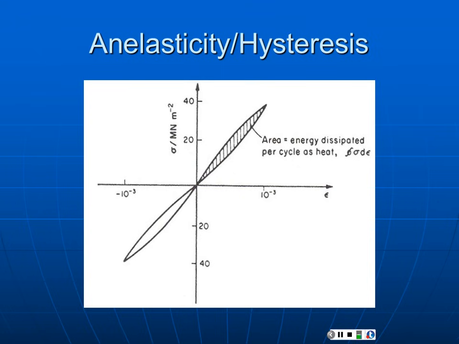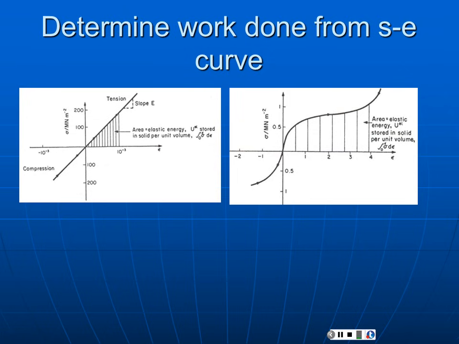Now, one other thing that the stress-strain curve can give us is some materials will dissipate energy internally. So think of this as a two-step process. We're going to load it up. The area under the load-up curve is the work we just did on the specimen. When you unload, if we go back to a stress-strain curve, let's go back to a linear one here.